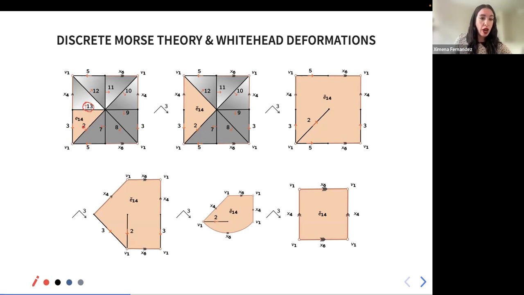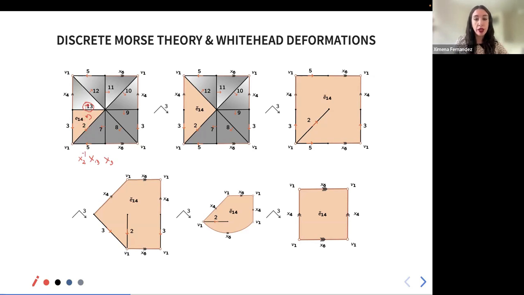So let's keep track of the attaching map of these cells. Suppose that this is oriented in this way. We can describe the attaching map with letters like X2, which represents these cells. Suppose that one cell is oriented in this way, X2, X13, and X3. If you orient these in this way, this is to -1. So this is the attaching map of these two cells.